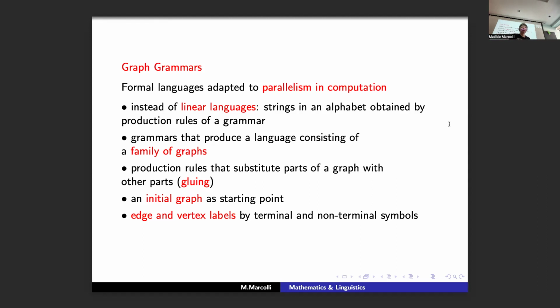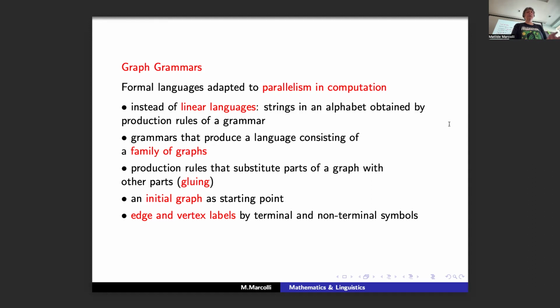And here, the production rules are designed to substitute certain parts of a graph with certain other graphs. And so they have this kind of insertion type property, insertion and gluing of graphs. And again, you have some initial graph as the start point rather than some initial non-terminal symbol.